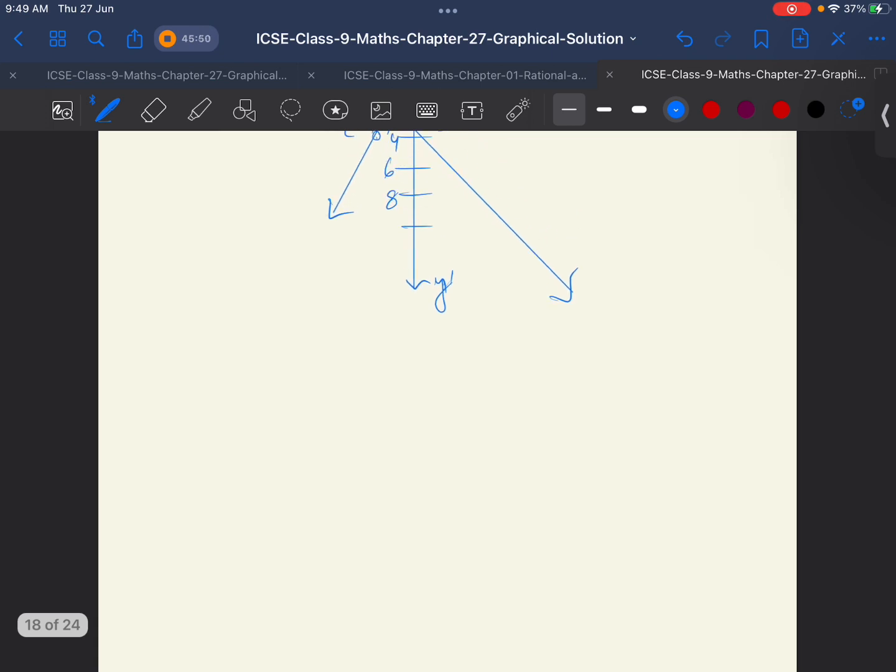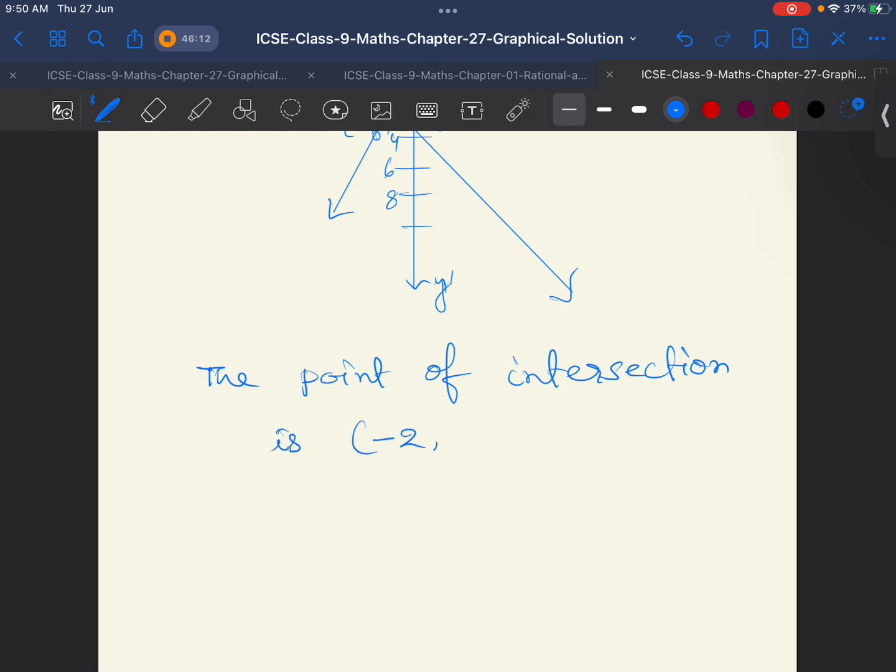So the first question, draw the graph, plot only 3 points per line. We can solve this, and write down the coordinates of the point of intersection. So the point of intersection is (-2, -1).